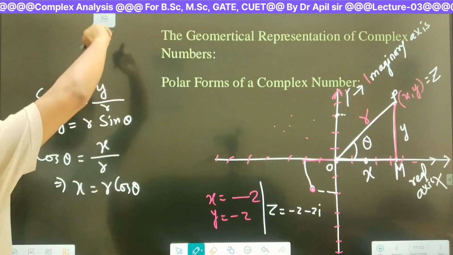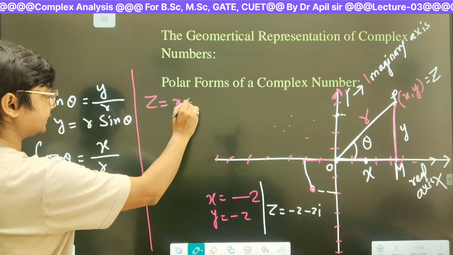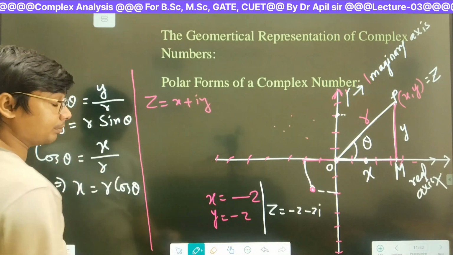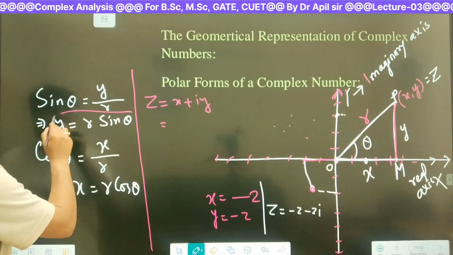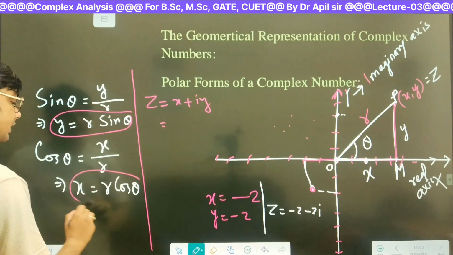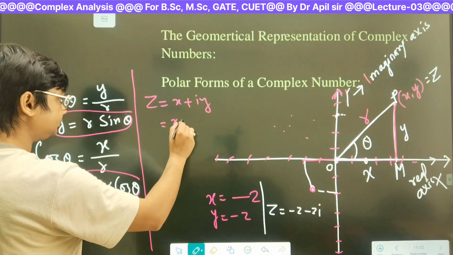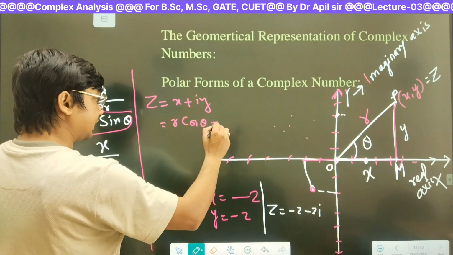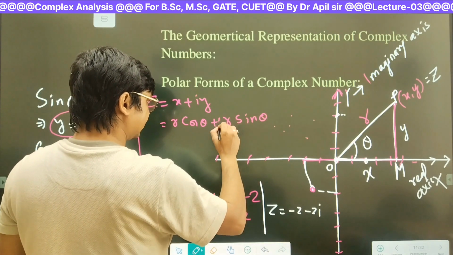But here you see we have the original complex number z equal to x plus iy. This is our complex number, right? So just replace this x and y using this. What we get? Here will be r cos theta plus i r sine theta, right?